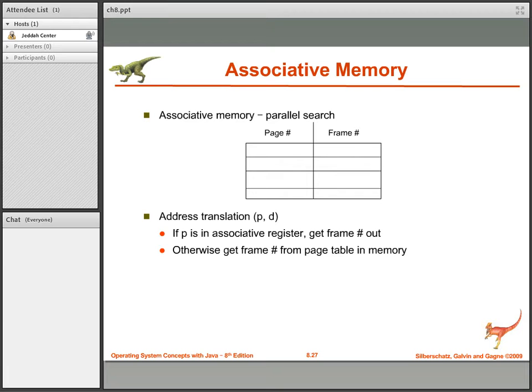If you want to do address translation of P, D, then if P is in the associative register, you get the frame number out. Otherwise, you get the frame number from the page table in the main memory.